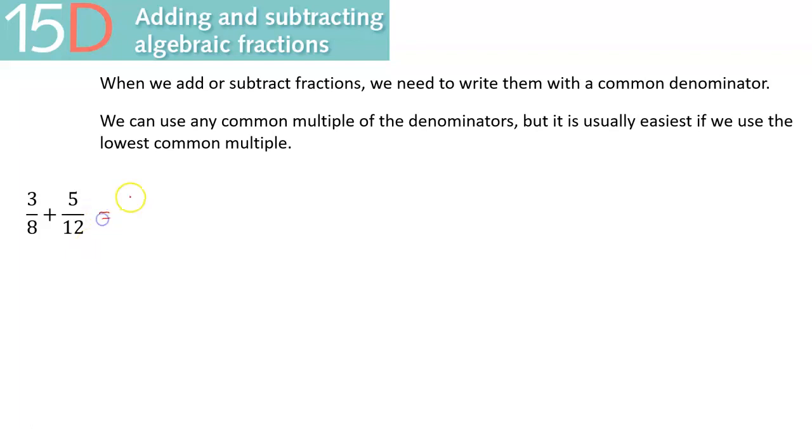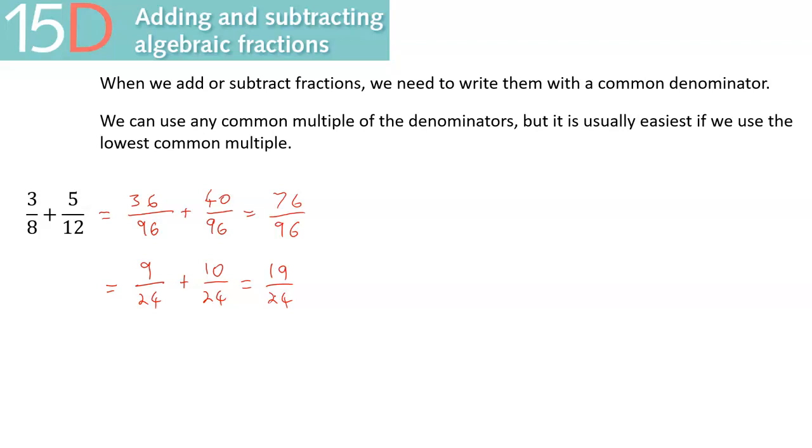So rather than having 36 over 96 plus 40 over 96 and then having to simplify 76 over 96, it's easier if I say 9 over 24 plus 10 over 24. And my answer is simplified, and so I don't need to go any further.